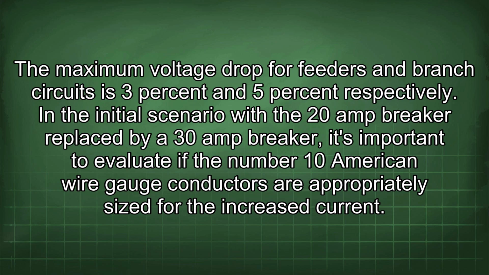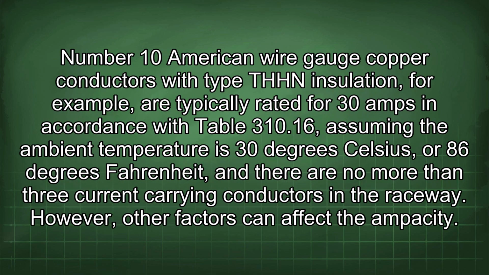the number 10 American wire gauge conductors are appropriately sized for the increased current. Number 10 American wire gauge copper conductors with type THHN insulation, for example, are typically rated for 30 amps in accordance with Table 310.16, assuming the ambient temperature is 30 degrees Celsius or 86 degrees Fahrenheit, and there are no more than 3 current-carrying conductors in the raceway.